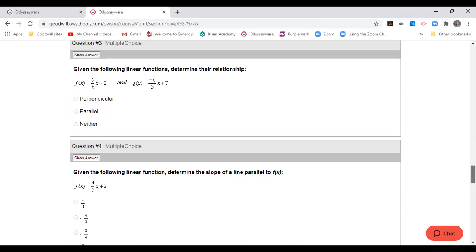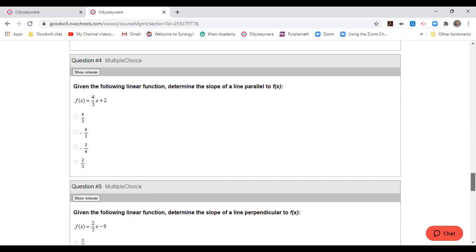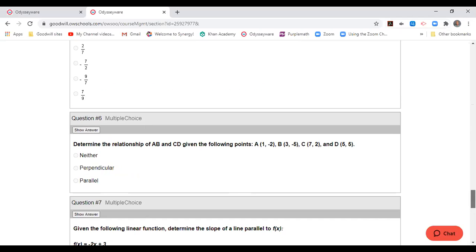So let me get down here to one of these calculations, and I'm going to pause here on question number 6. We've got two sets of points, a relationship between A, B, and C, D. The answer choices are: neither parallel nor perpendicular, parallel, or perpendicular.